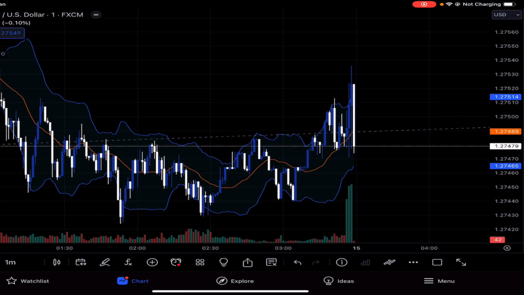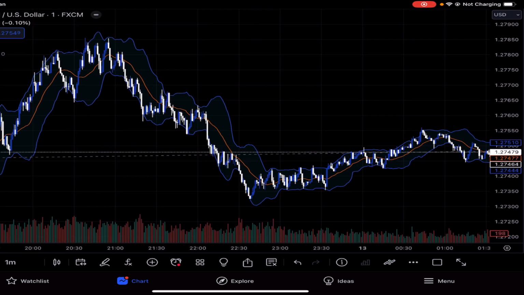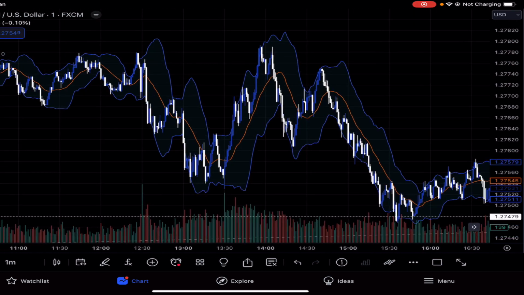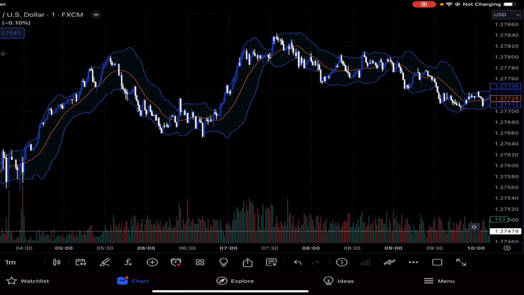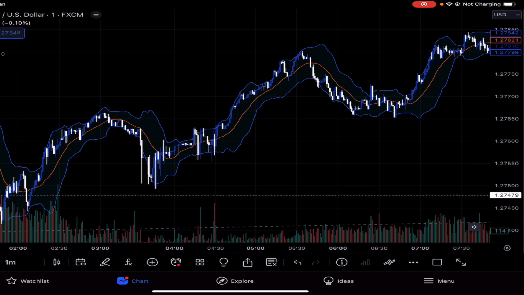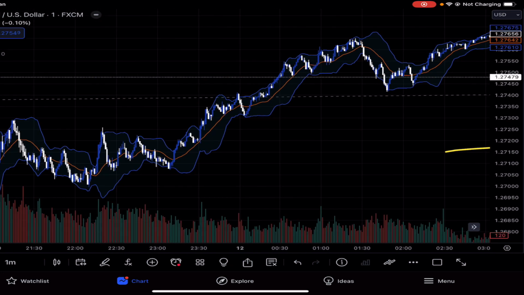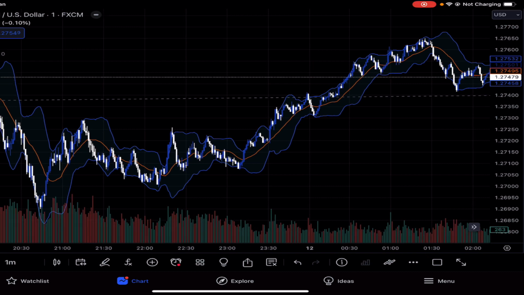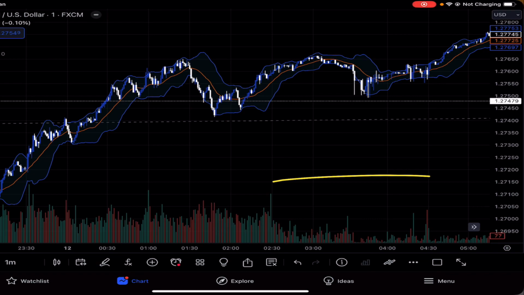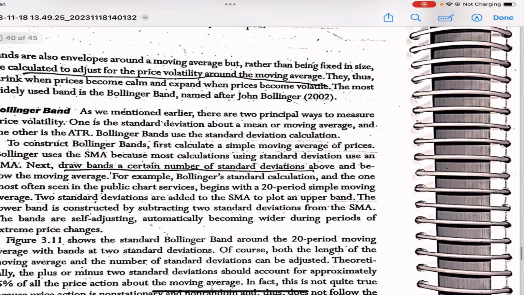So that is what we have to keep in mind, that most of the time the price basically trades inside the Bollinger Band. Has there ever been a time where the price has not traded inside the Bollinger Band? It might just go out a little bit, but then it stays inside most of the time. All right. Anyway, so that is Bollinger.